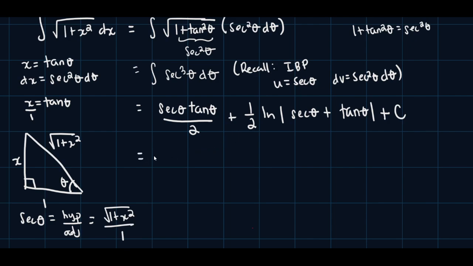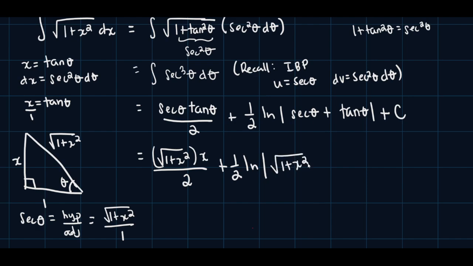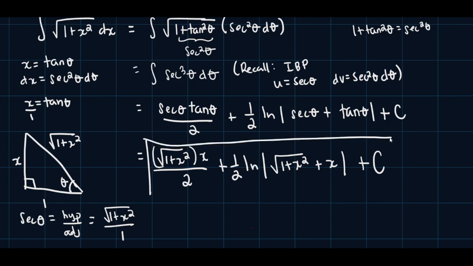So our answer would be secant theta, which is square root of 1 plus x squared, times tangent theta, which is x, over 2, plus 1/2 ln absolute value of secant theta, which is again square root of 1 plus x squared, plus tangent theta, which is x, then plus c. So this is our answer.